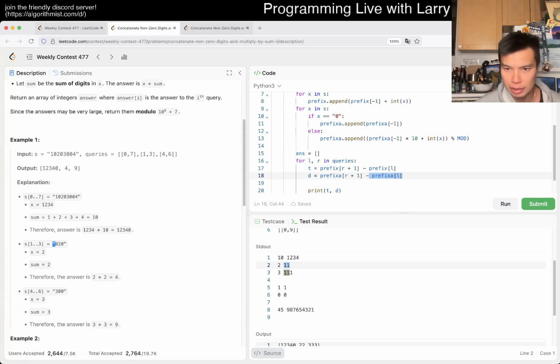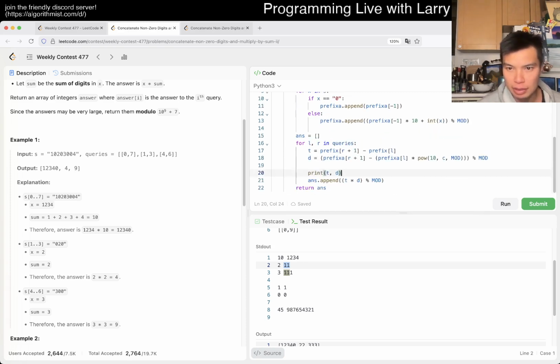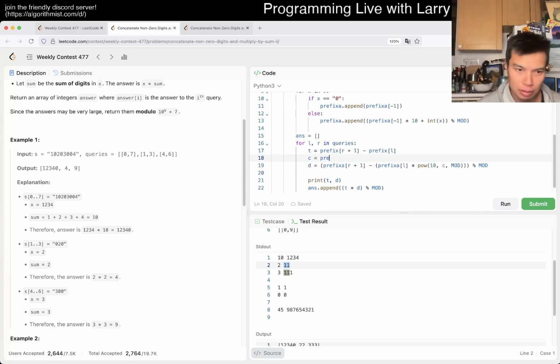Right, so this is this times the number of digit shifts. Something like that, right? And then C, you have to calculate C is equal to prefix.